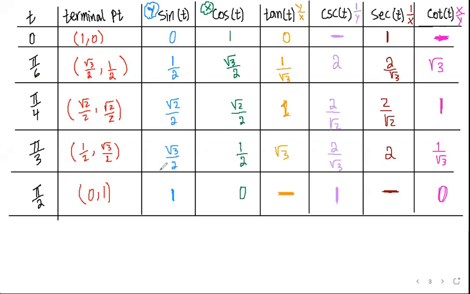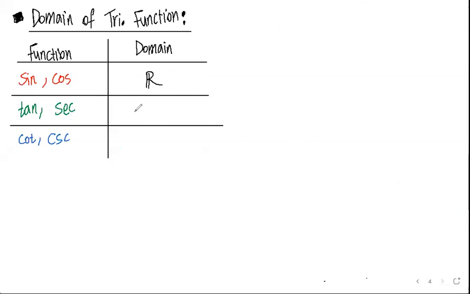This means I can plug any real number inside the function except pi over 2 plus n pi. Any element of this form I can't plug inside the function.